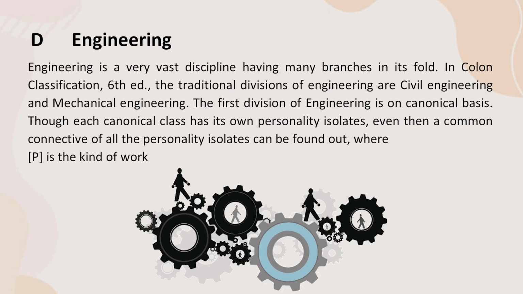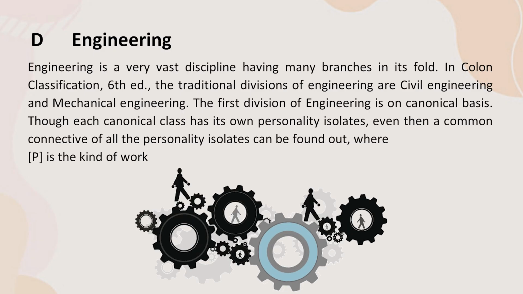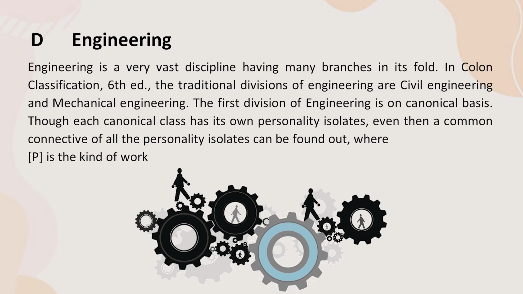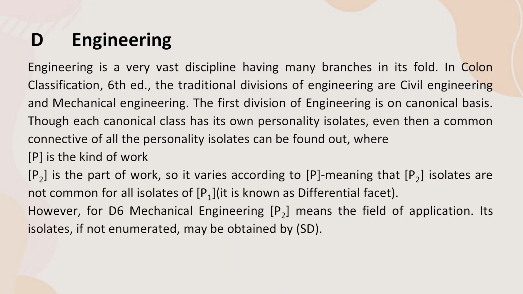Though each canonical class has its own personality isolates, even then a common connective of all the personality isolates can be found out, where the personality facet is the kind of work and the second level of personality facet is the part of the work. So, it varies according to personality facet, meaning that second level personality isolates are not common for all isolates of P1, that is the first level of personality isolate. It is known as differential facet.